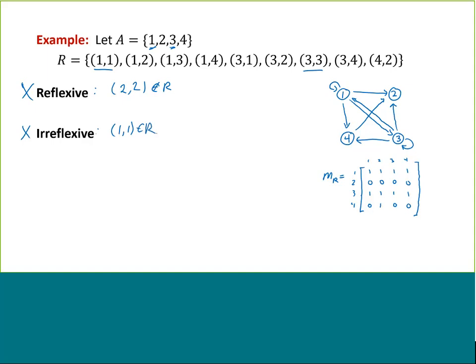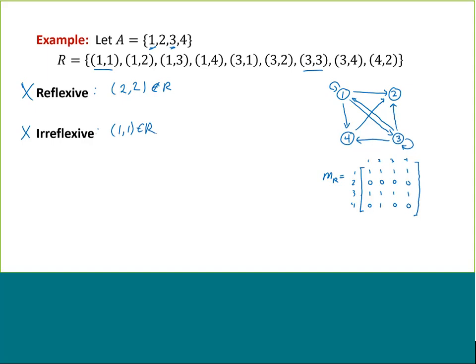This is the most common thing to get with a relation, to have both not reflexive as well as not irreflexive. Now, it's not necessarily the most desirable case in any way, shape, or form, but if you just randomly grab some ordered pairs, that's typically what will happen.